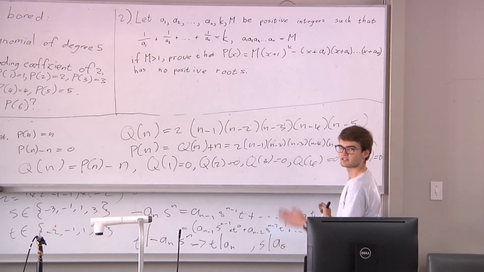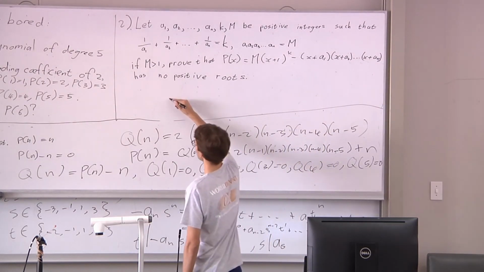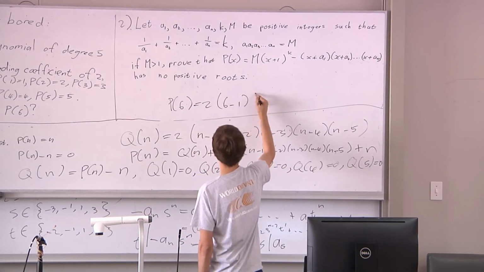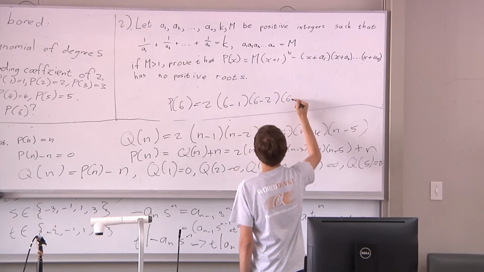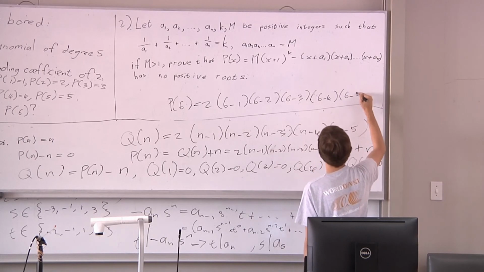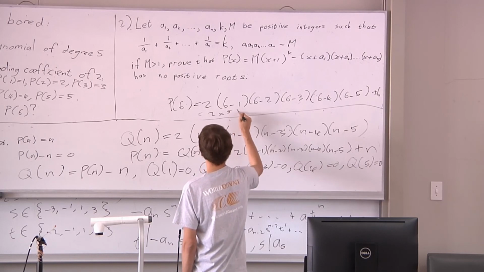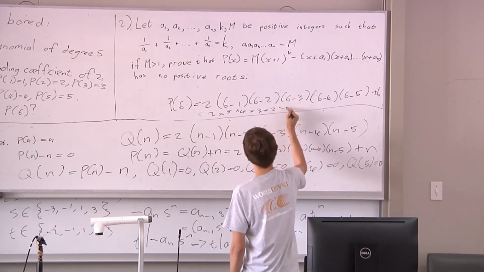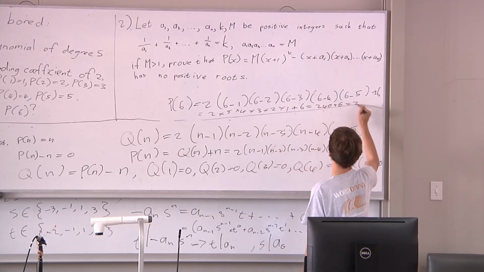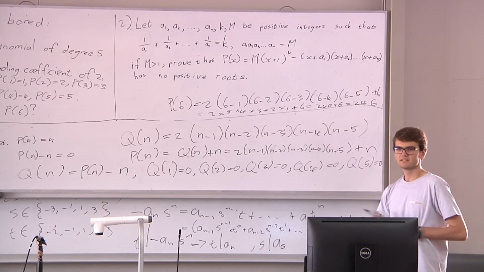So that is the value of P. And from here, we can find that P of 6 is 2 times (6 minus 1) times (6 minus 2) times (6 minus 3) times (6 minus 4) times (6 minus 5) plus 6, which is 2 times 5 times 4 times 3 times 2 times 1 plus 6, which is 240 plus 6, which is 246, which is a lot bigger than 6.